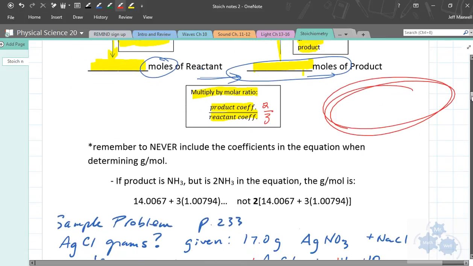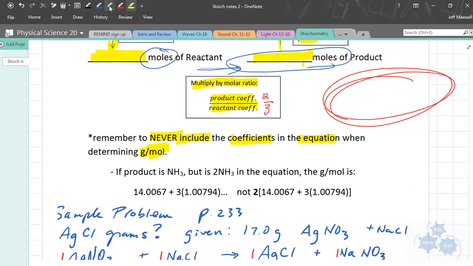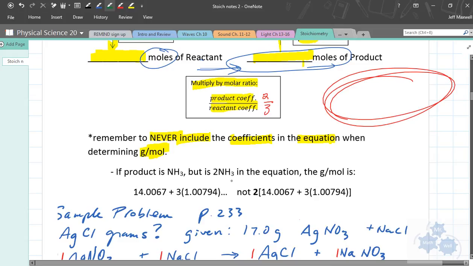Now, a couple of notes, just from years of teaching, that I want to put down. When you're determining grams per mole, please remember you never include the coefficients in the equation. Lots of students do this. For example, if you have NH3 as a product, but in the equation you see 2 NH3, so you have this coefficient here, you don't multiply the grams per mole of NH3 by 2.